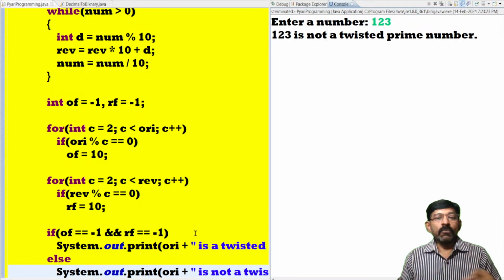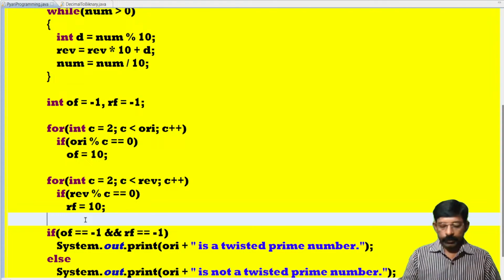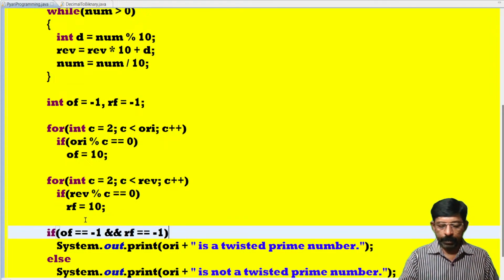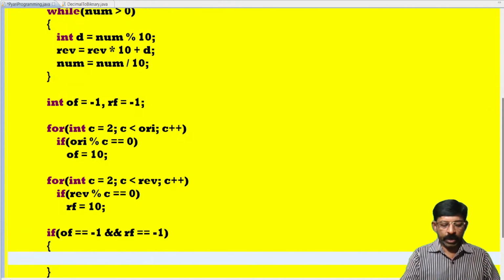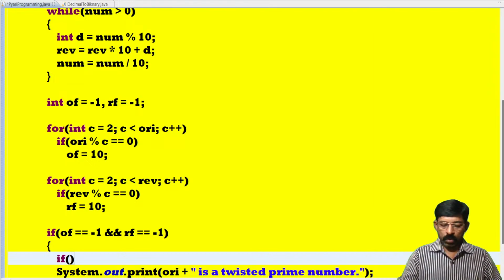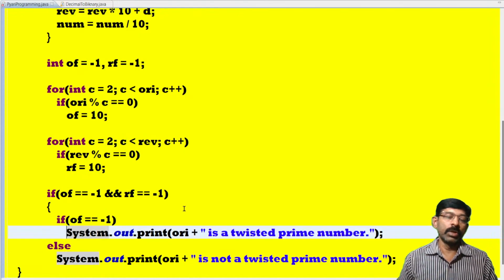So let's see why it is not a prime number. We can check it like this. If both are prime, then inside it I will check: if OF is equal to -1, then the original is prime.